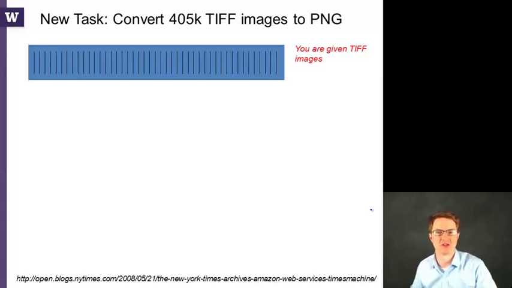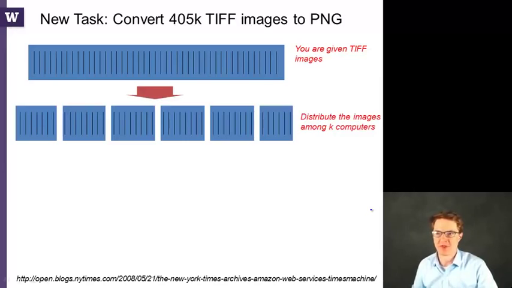What was really going on here is that they had digitized images from the newspaper along with some information about the optical character recognition, so some extracted text, and they wanted to turn this into a more web-friendly format. They had to convert the images to a web-friendly format, and they also had to convert the extracted text into a little package of JavaScript code. So they're going to get ready to put this stuff on the web. This is 405,000 images, which was quite a bit, especially at the time.